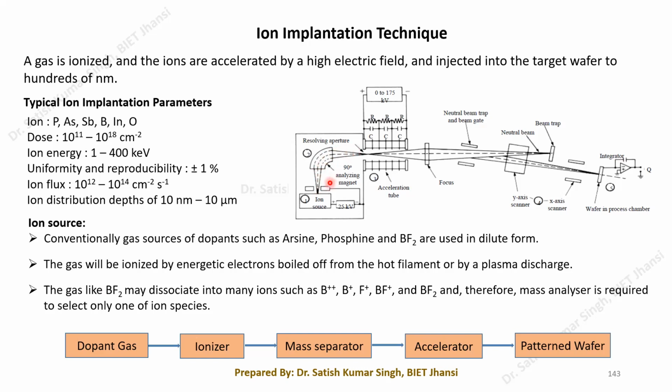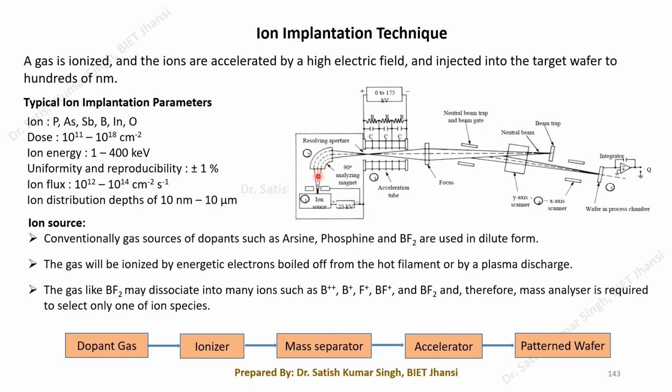Obviously, when it is deflected along a curved path, it will be balanced by the centrifugal force. The radius of this curvature will depend on the mass and the velocity of the ions, and it will also depend on the charge on the ions.